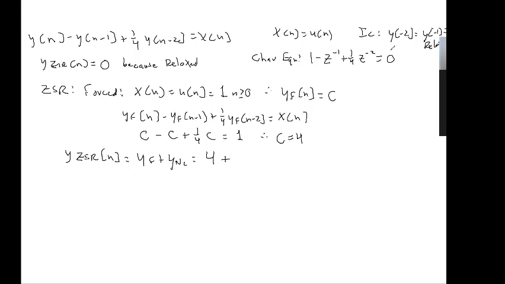If I multiply everything through by z squared, I get z squared minus z plus a quarter equals 0.